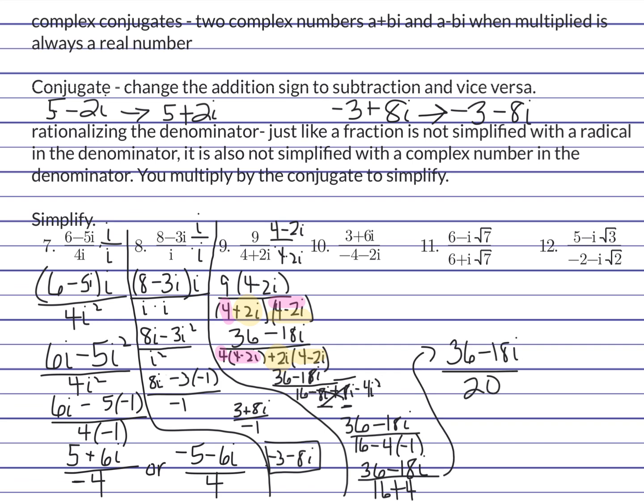Now, this is not finished because it's not reduced. This fraction, this term, and this term all have a common factor. So I'm going to simplify all those by dividing them by 2.